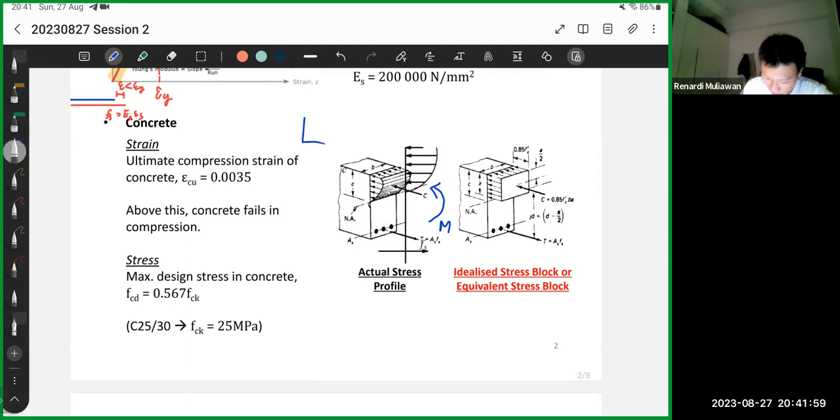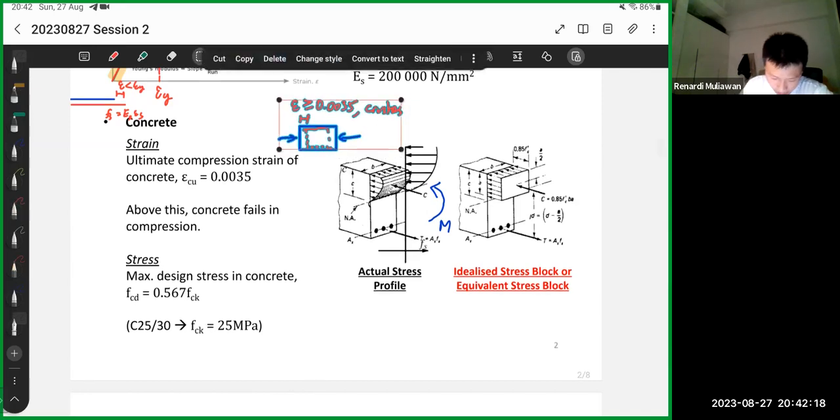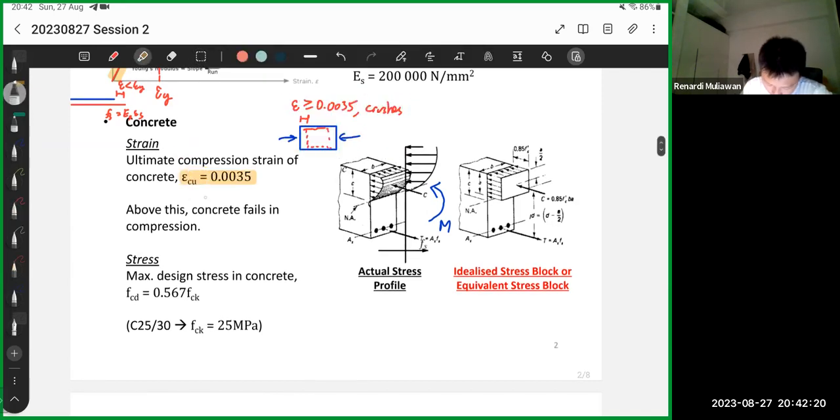So if you have a concrete like this, and you push it like this, and this is bigger than 0.0035, then the concrete crushes.